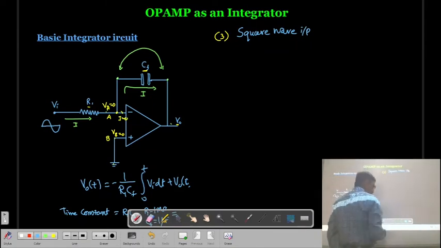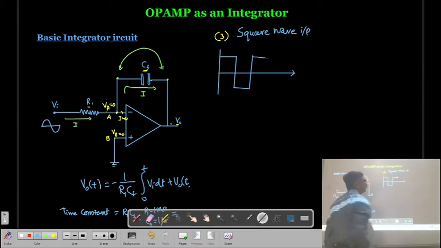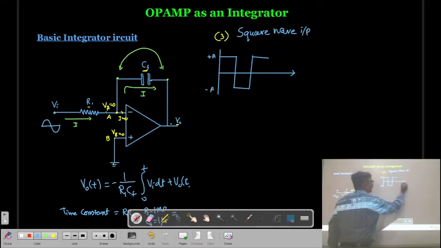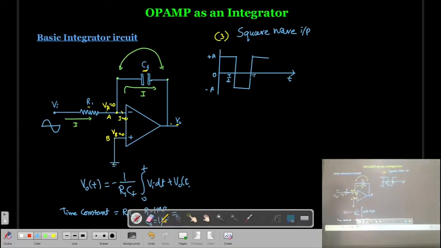So, what is the shape of the input signal? This is my square wave. What is the amplitude? Plus A and minus A. If you see the time axis, this is 0, this is representing T by 2, and this one is T.